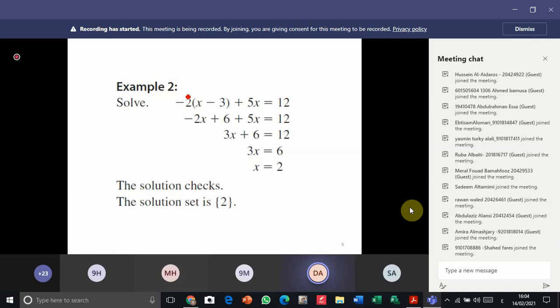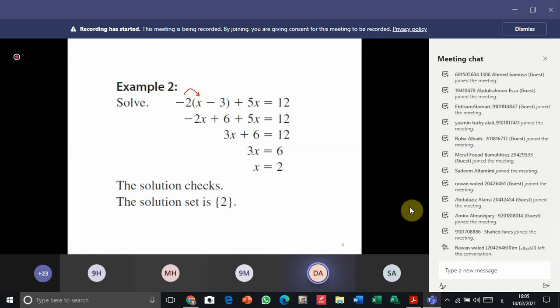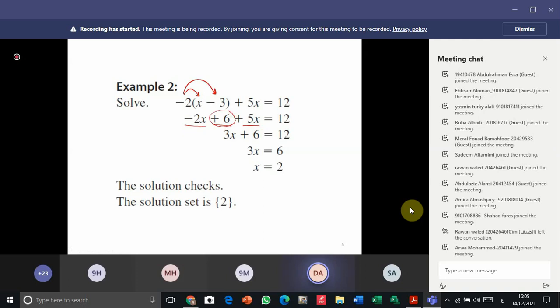So we multiply negative 2 by x and negative 2 by negative 3. Now we have negative 2x and positive 6 plus 5x. We have 6 as the only number, so move it to the right hand side. And summing minus 2x plus 5x, we have 3x.